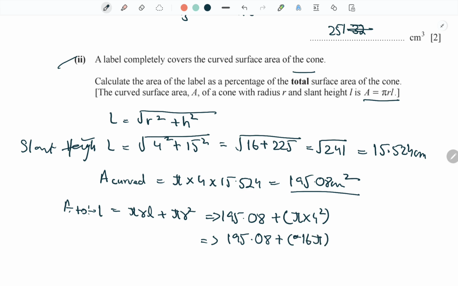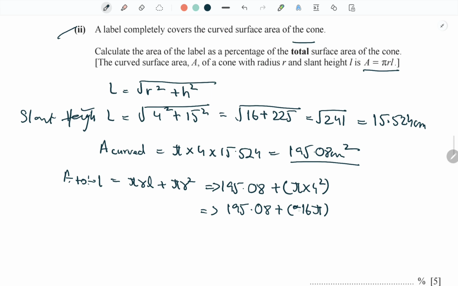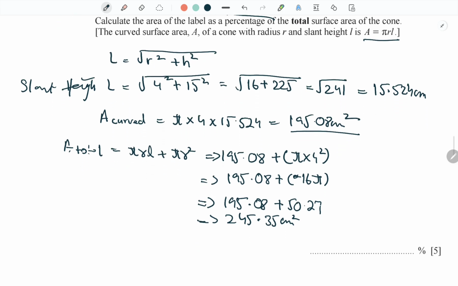Calculating 16 times 3.14, we get 50.27. Now we add them together, so we get 245.35 centimeters squared.